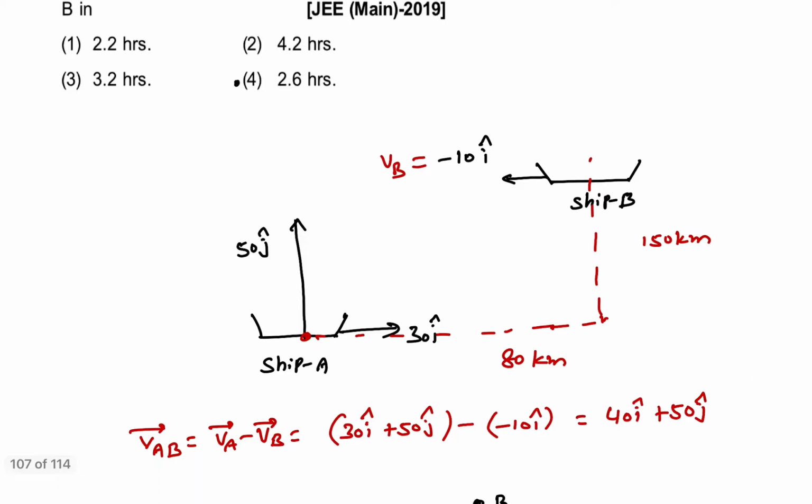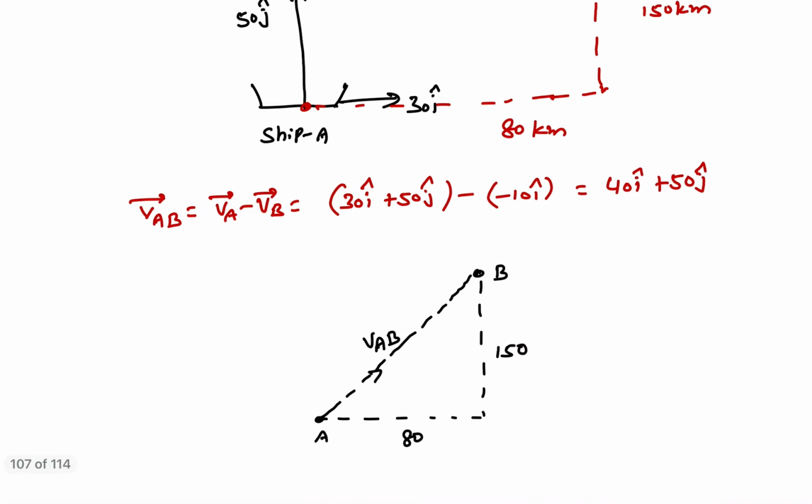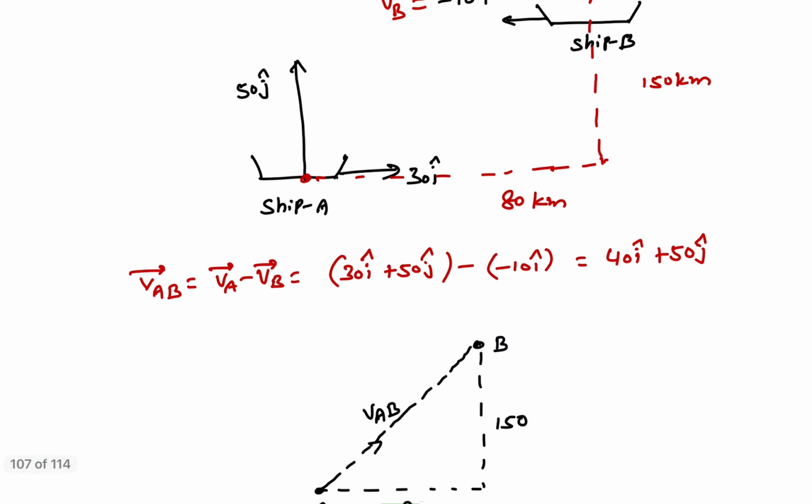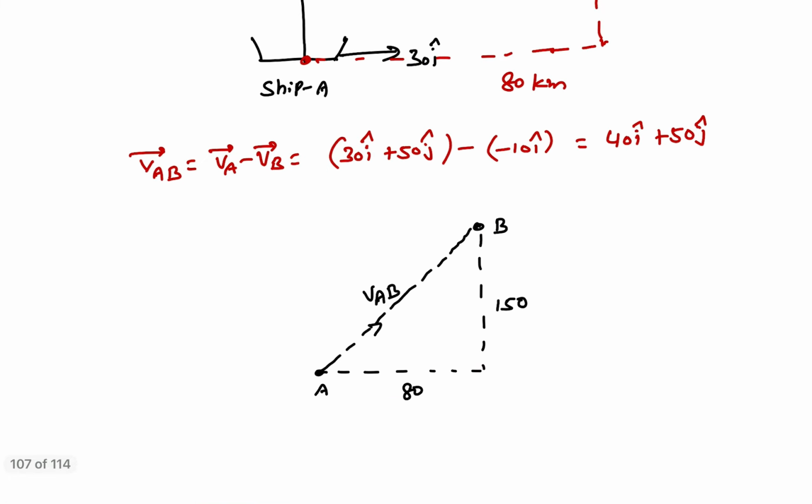Now we want the minimum distance from B. It means you should draw a line perpendicular to the VAB bar. And they are asking for the time taken. The time taken can be written as, with 150 and 80 there, that AB distance is there.